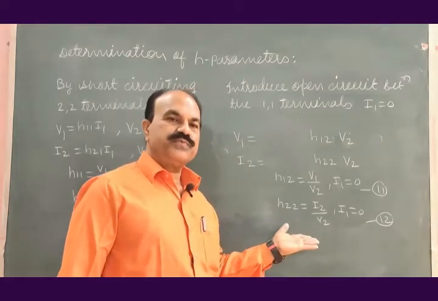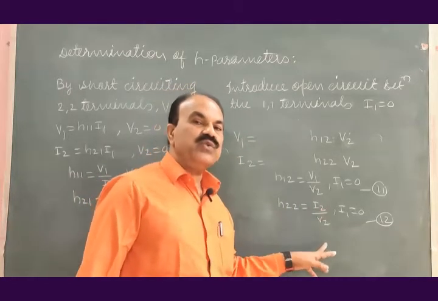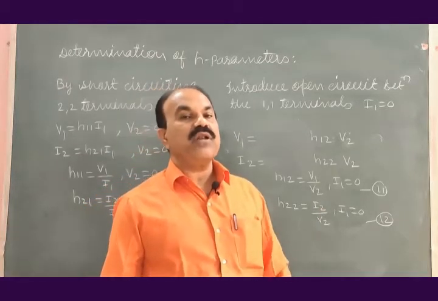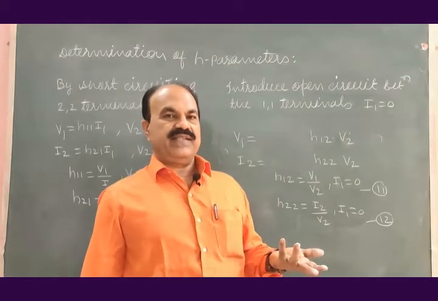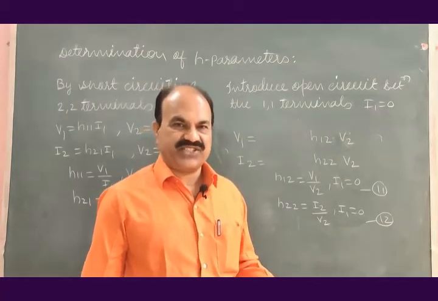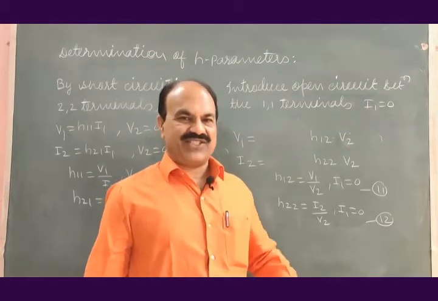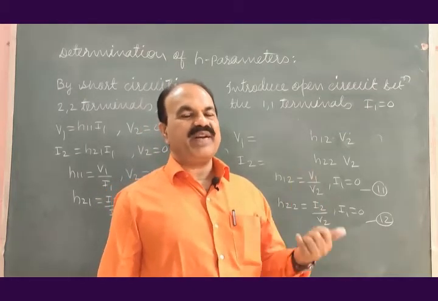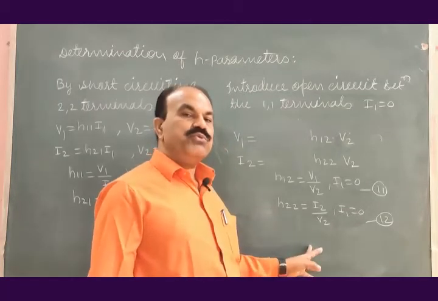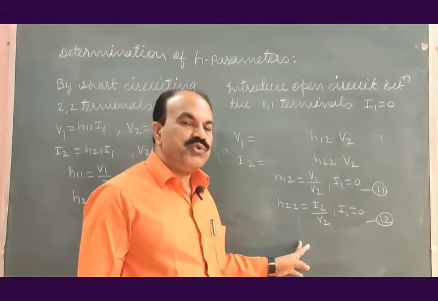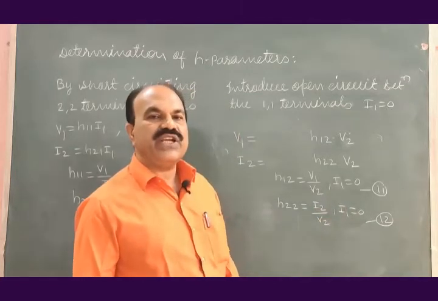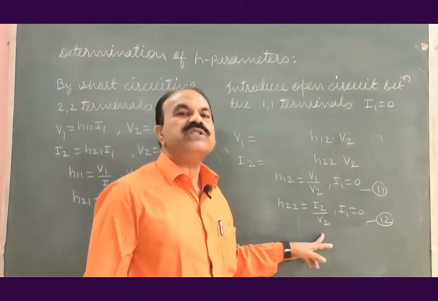H22 is the ratio of output current to output voltage. It is the reciprocal of impedance. Reciprocal of impedance is admittance or conductance. And so H22 is recognized as open circuit output admittance.